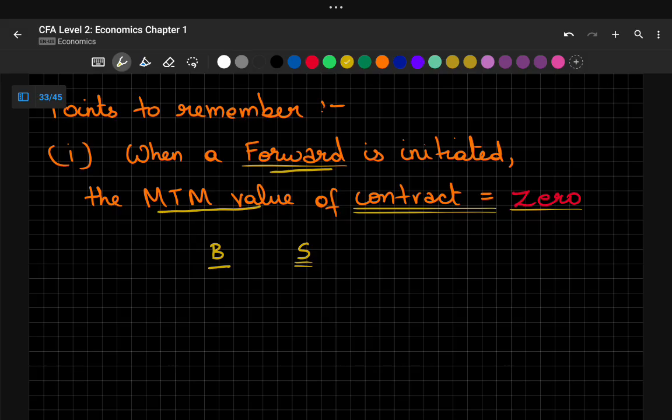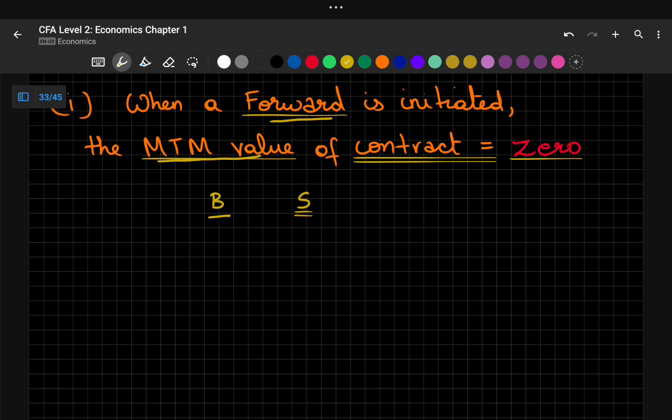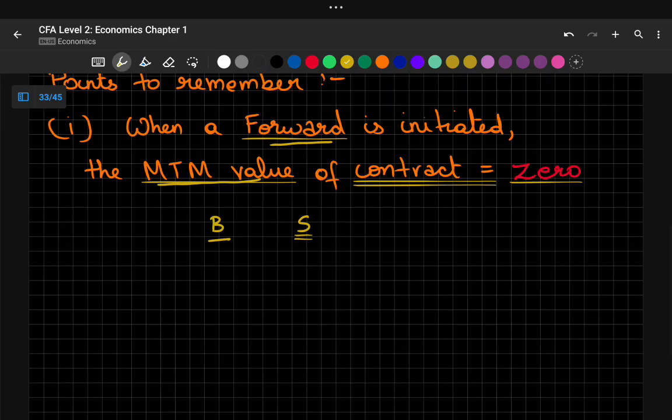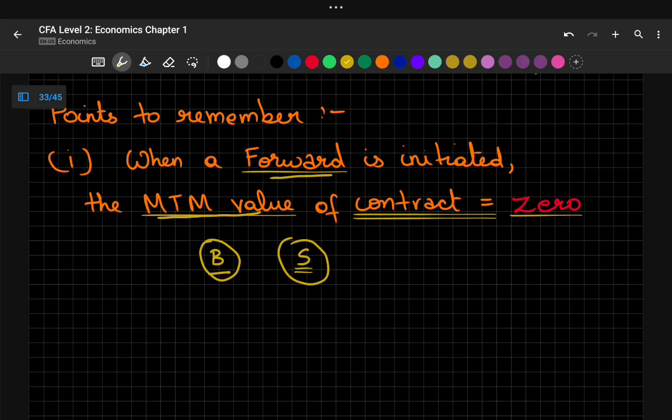Later on, as the spot price, market value, interest rates, etc. change, either the buyer or the seller would make a profit. But when the contract is initiated, the MTM value of the contract is 0. So that is the first point.